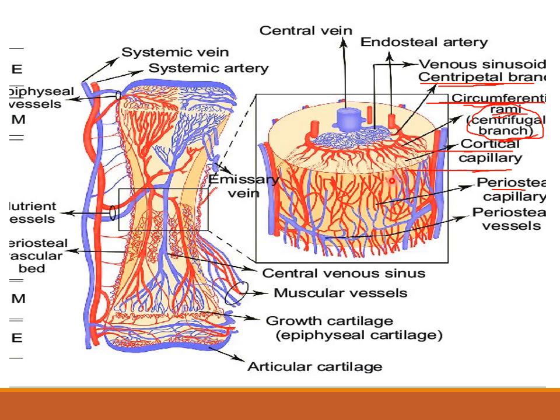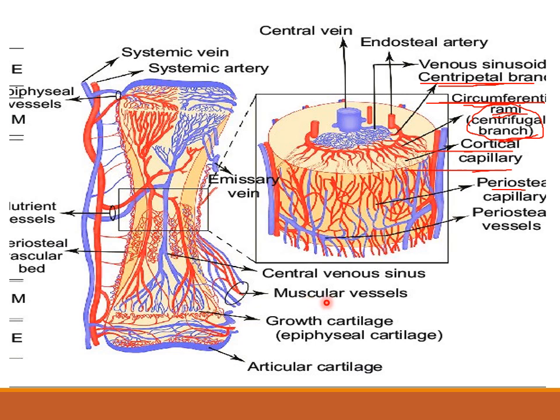And number three, circumferential rami, running along the circumference of the bone, which then give two branches, central and cortical. The central branches drain into the venous circulation of the medullary cavity, and the cortical branches run peripherally throughout the cortex and then anastomose with the periosteal branches, which also run in Volkmann's canal.